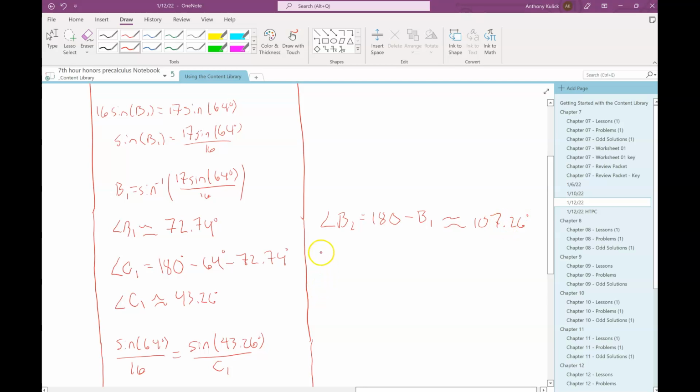And then what I found next was angle C1, so I'll be finding angle C2 next. And that's easy because now I know 2 of the 3 angles.